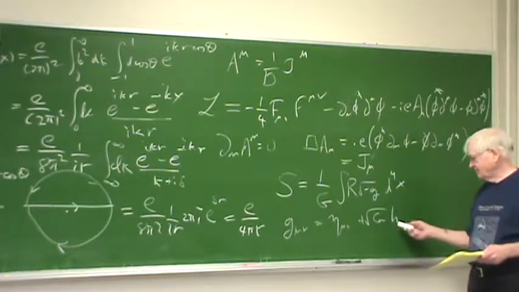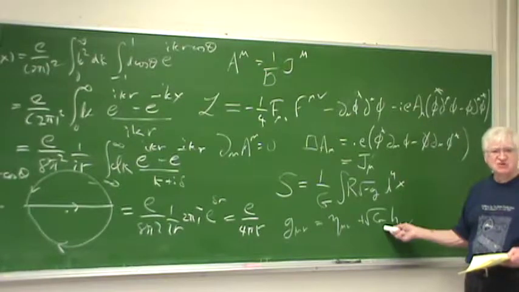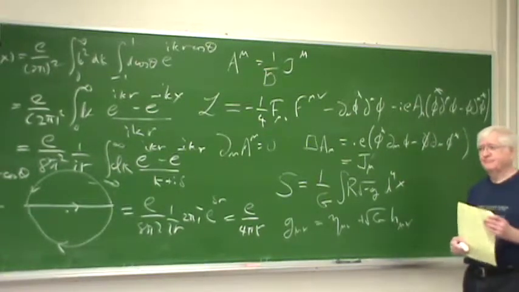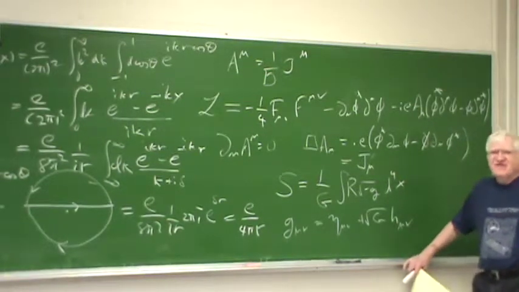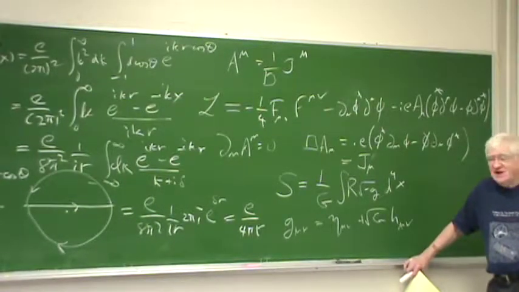Consequently, you can do perturbation theory in big G. And it's rather funny, actually, perturbation theory in gravity. I mean, if ever there was a coupling constant that was small enough for perturbation theory to be reliable, well, it sure as hell is gravity.